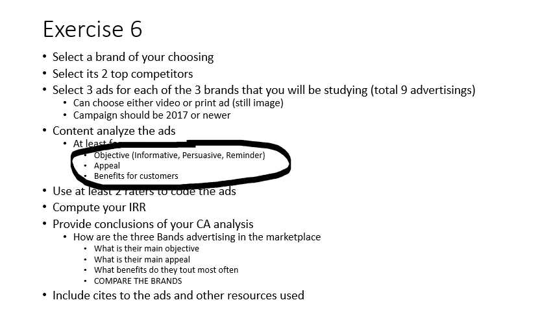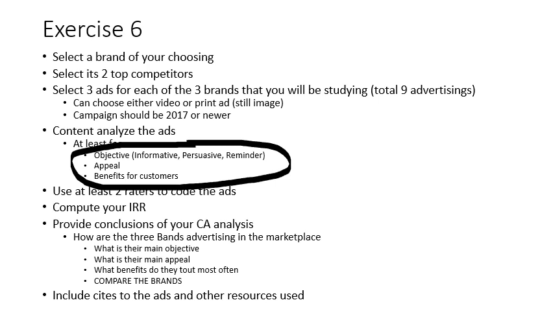So you're going to be looking at least at 10 concepts that you're tracking: 3 that are objective based, 3, 4, 5 that are appeal based, and then maybe the same number for benefits. If you add it all up, that gives you about 10, 15 concepts you're going to be studying and looking for in these commercials.